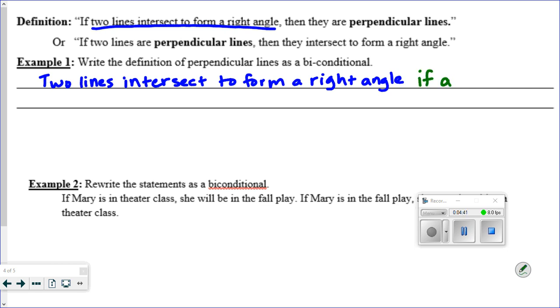If and only if, so I put that in the middle, they are perpendicular lines. So I take out the if then, and I replace it with if and only if in the middle.